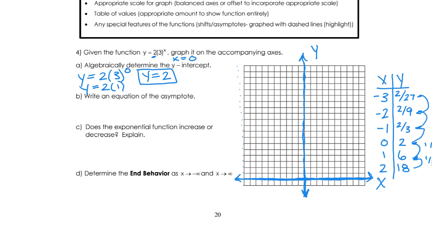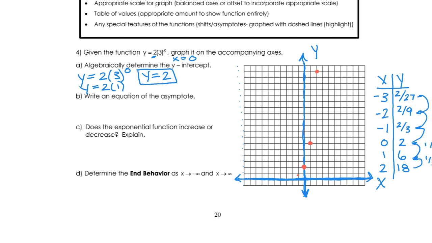I'm going to go ahead and try to graph some of these. So positive 2, 18, 1, 2, 3, 4, 5, 6, 7, 8, 9, 10, 11, 12, 13, 14, 15, 16, 17, 18 is right there. Okay, 1, 6, 1, 1, 2, 3, 4, 5, 6, 0, 2, -1 2/3.